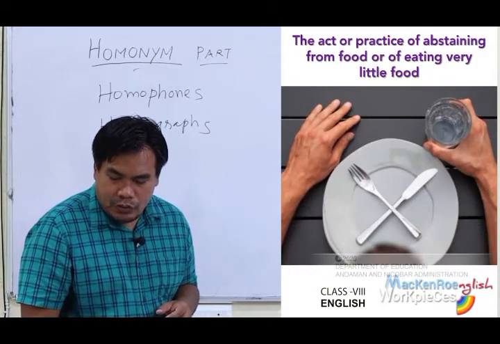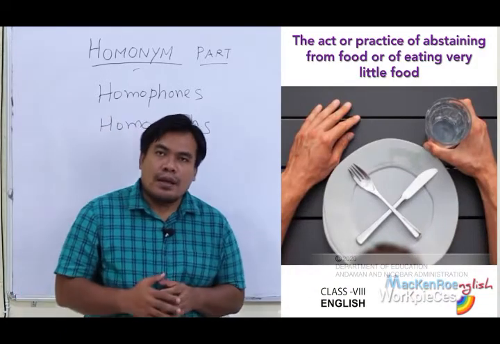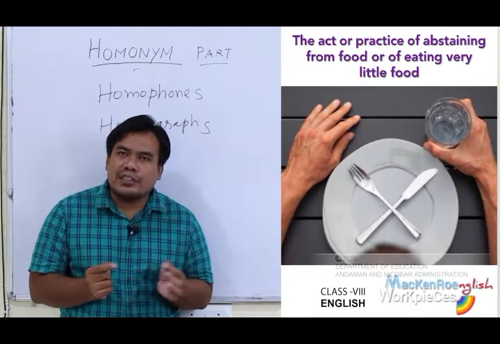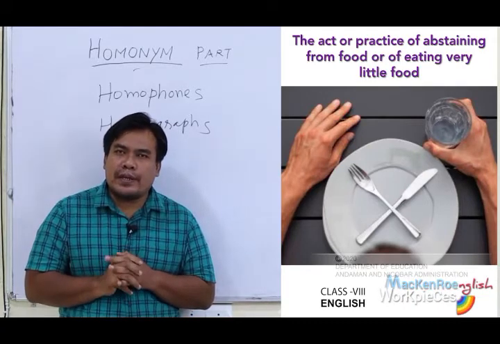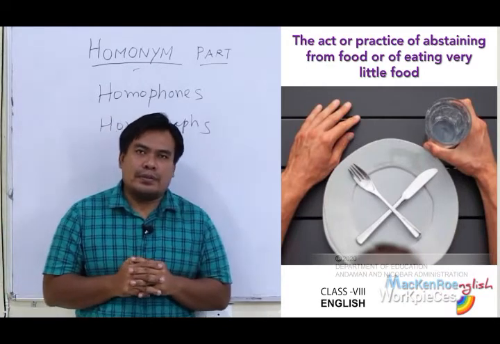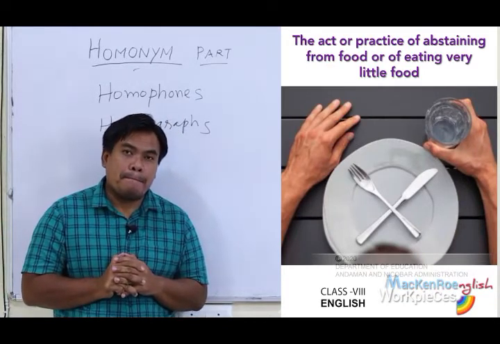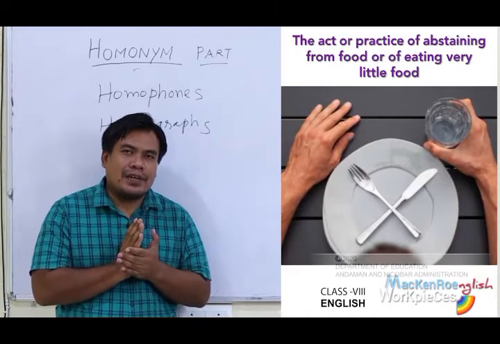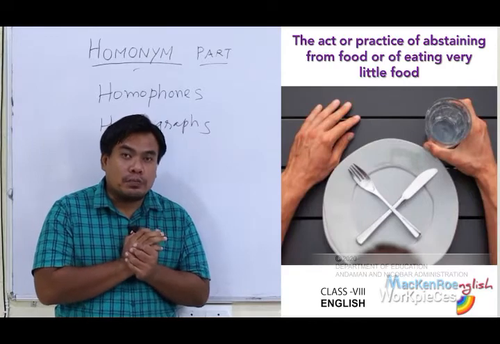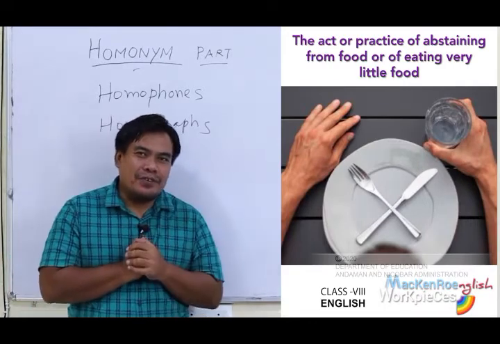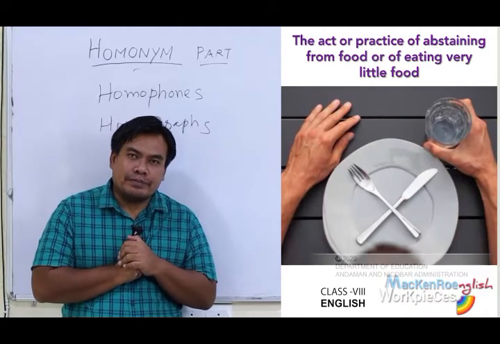Okay, and the next one is, you could see a glass over there, a plate over there, and some forks and a spoon over there. Now tell me what it would be. See, it's sometimes difficult to identify by looking at those pictures, but I'm just trying to challenge you if you could figure out from that picture.